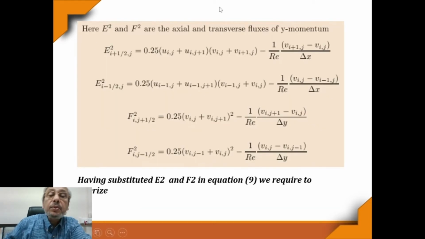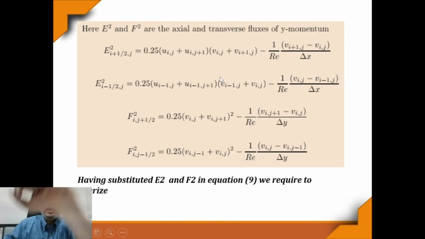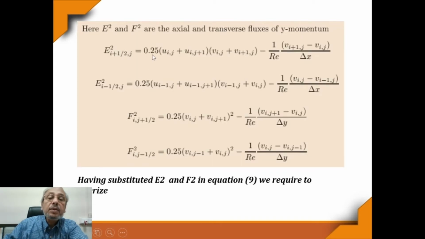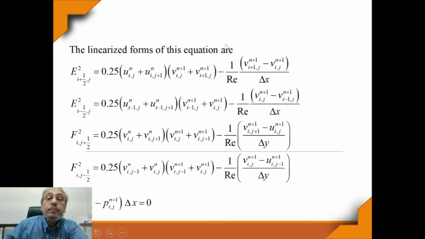Then what we have to do, these are nonlinear terms, quadratic terms, and these have to be linearized. So one part we write at nth level, another part we write at n plus 1th level. Exactly we did that for X momentum equation. So here 0.25 Uij plus Uij plus 1 we will write at nth level, and Vij plus Vi plus 1j will be at the level n plus 1.